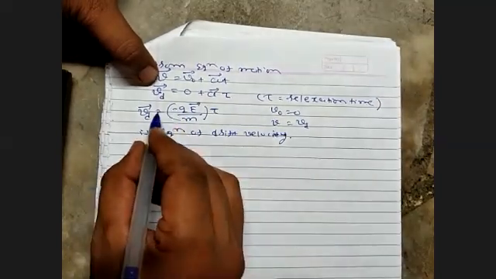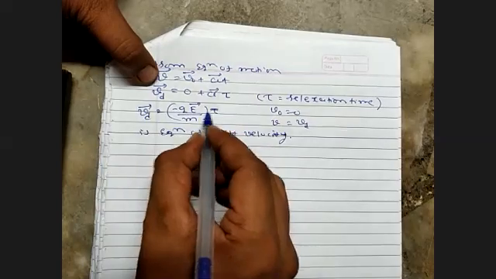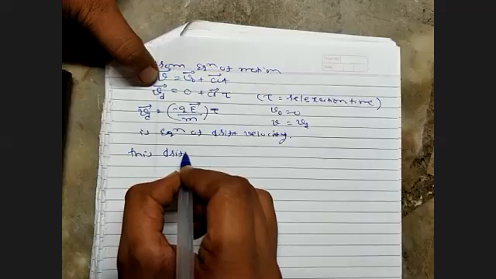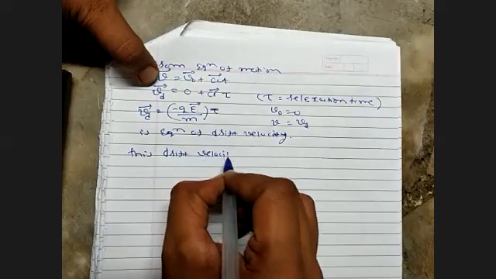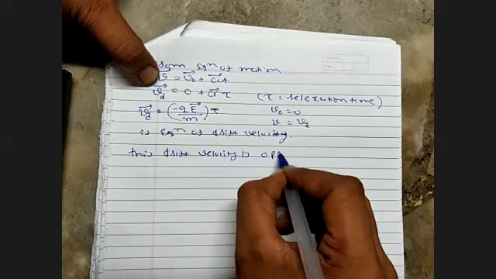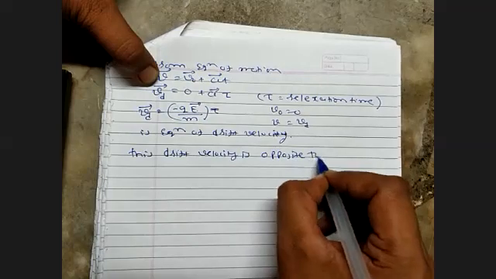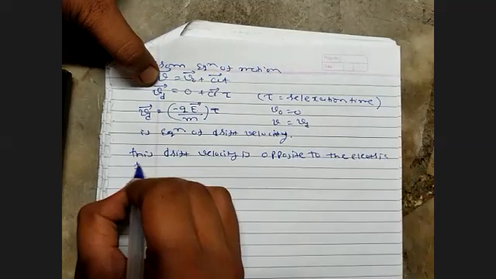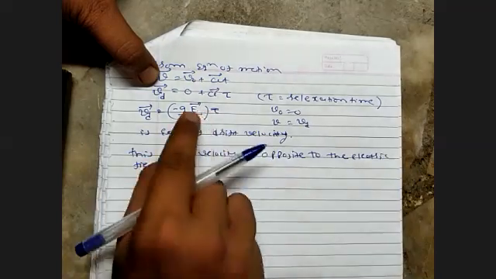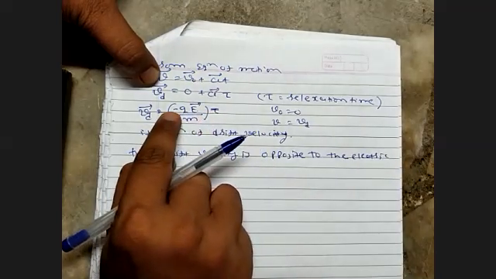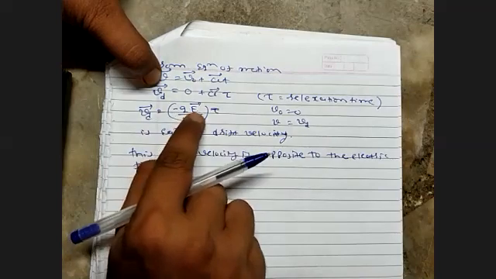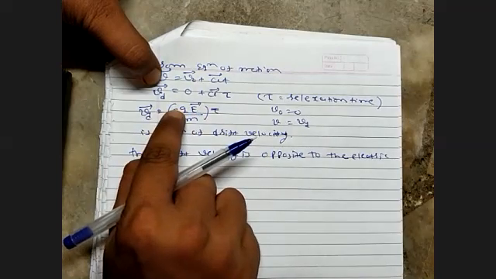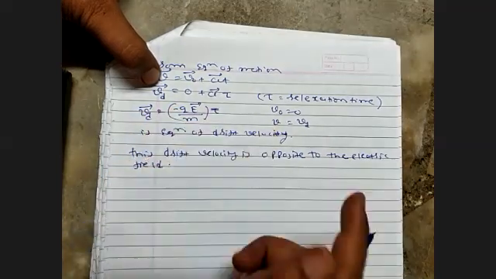You see that the drift velocity is opposite to the electric field. Due to the negative sign, the drift velocity and electric field are in opposite directions.